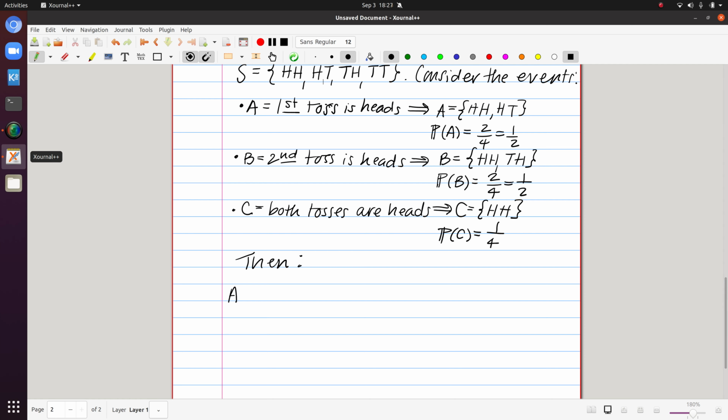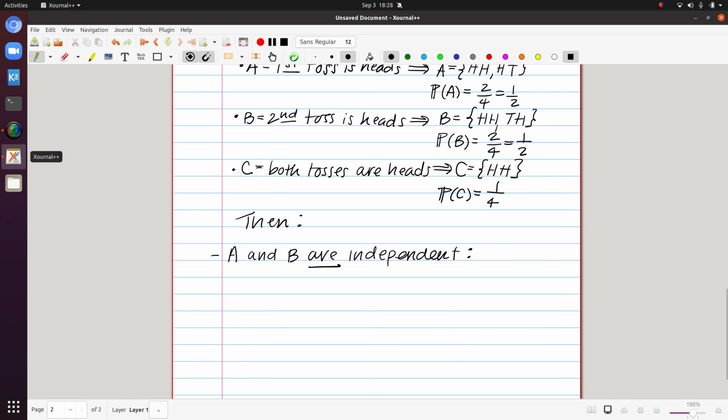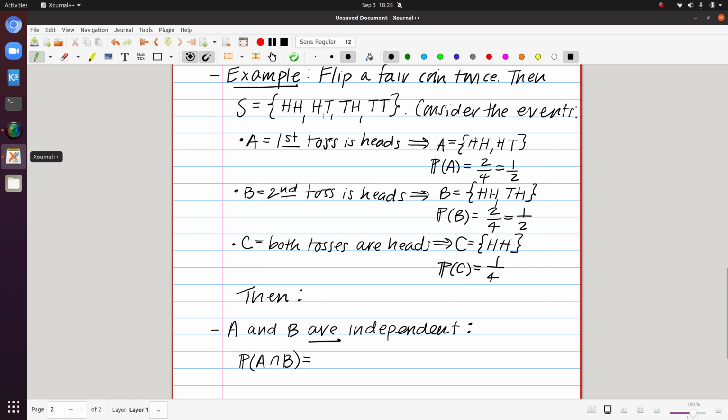In particular, A and B are independent. The way that I can prove that is coming back to our definition. The probability of A intersect B: the intersection of A and B has to include all outcomes that are in both A and B. So that is one outcome, that's HH.